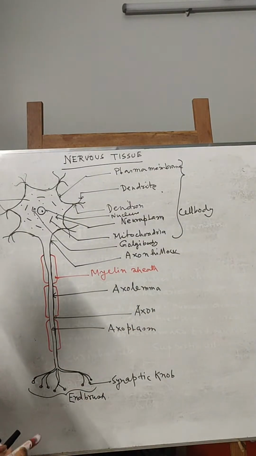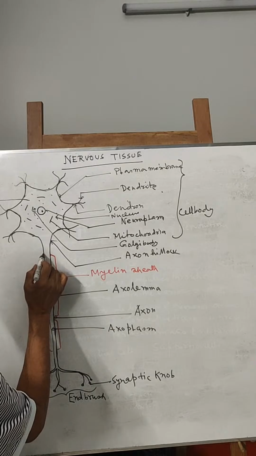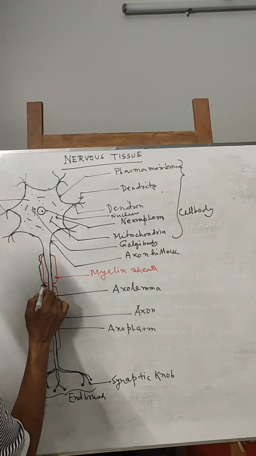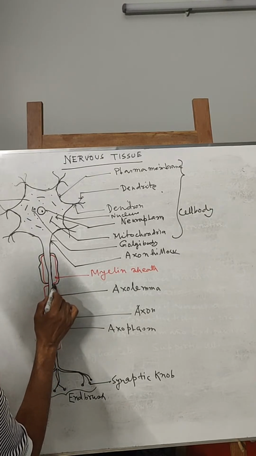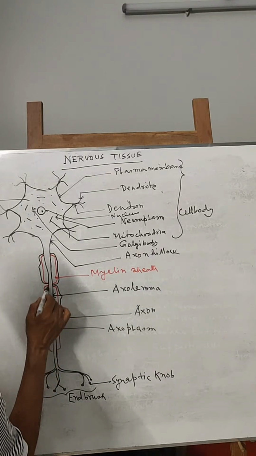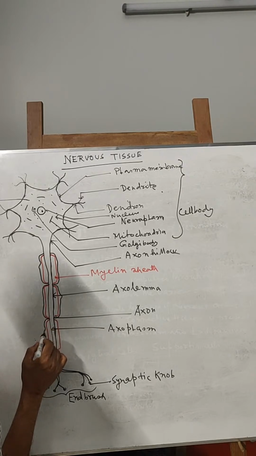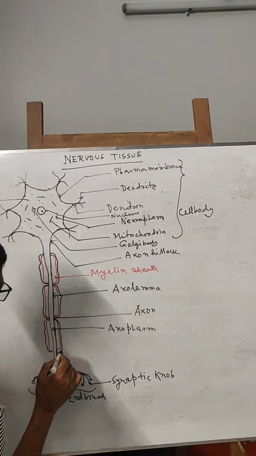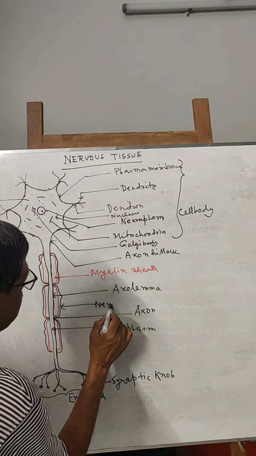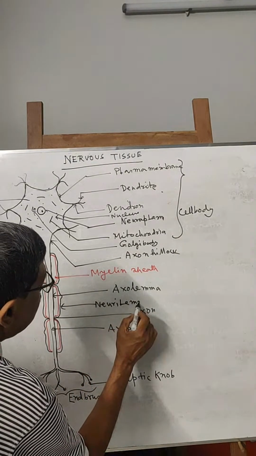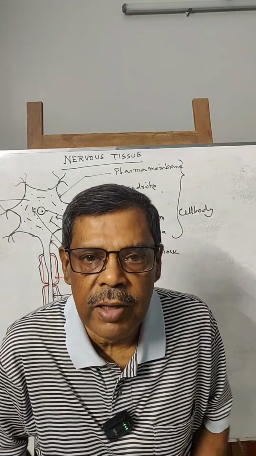Next, outside the myelin sheath, there may be another layer, which is called neurolemma. Neurolemma is only found in the peripheral nervous system.